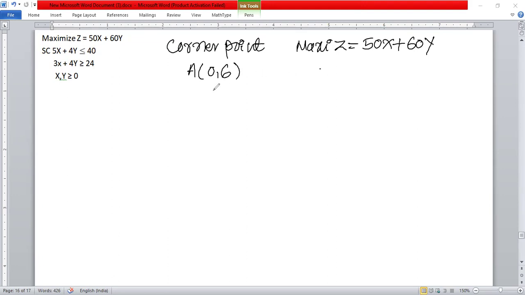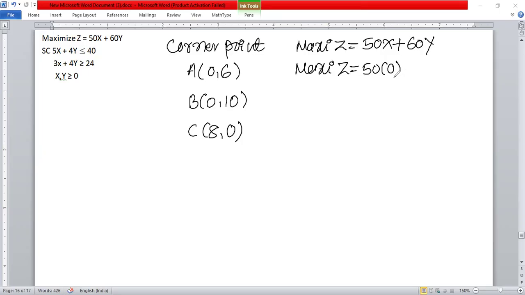B corner point 0,10. C corner point 8,0. Okay. So maximize Z is equal to 50 open bracket 0 plus 60 open bracket 6. So answer is 360.